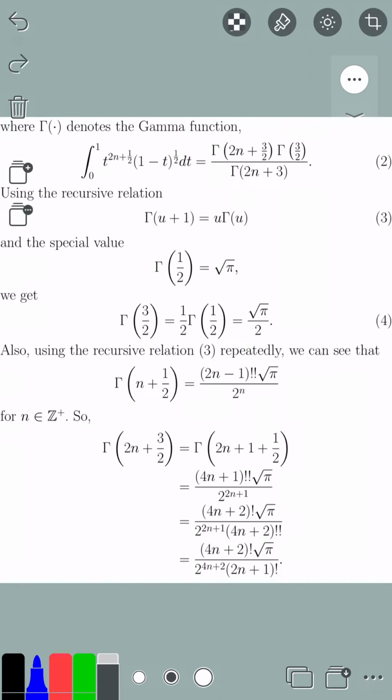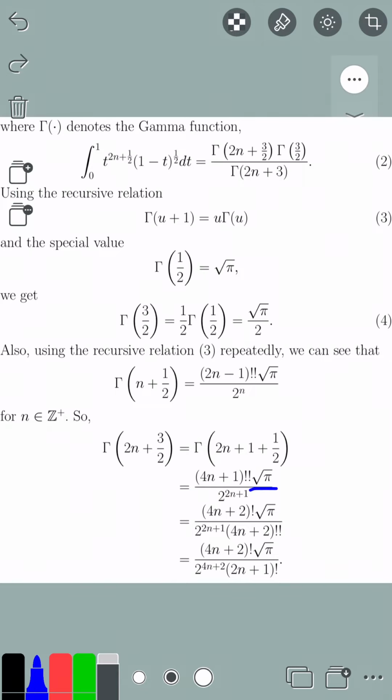So 2 times whatever is added to 1 half, minus 1, double factorial. So 2 times 2n plus 1 is 4n plus 2, and then minus 1. So that's 4n plus 1 double factorial times square root of pi.